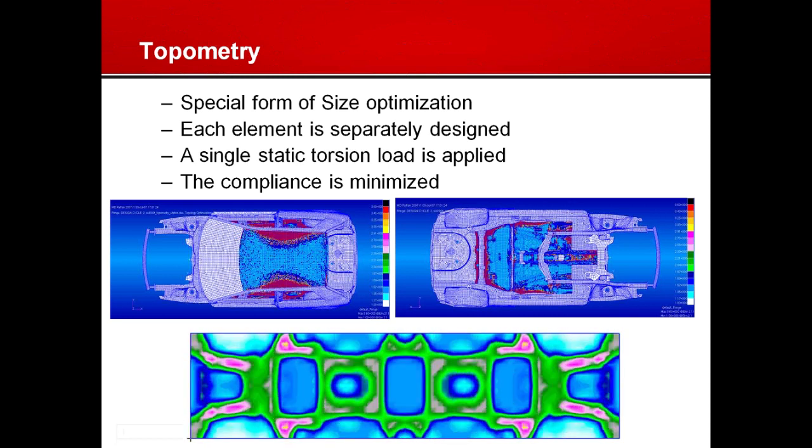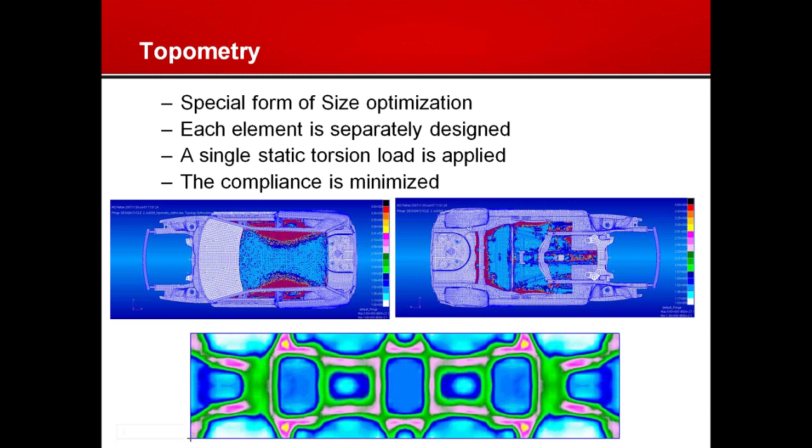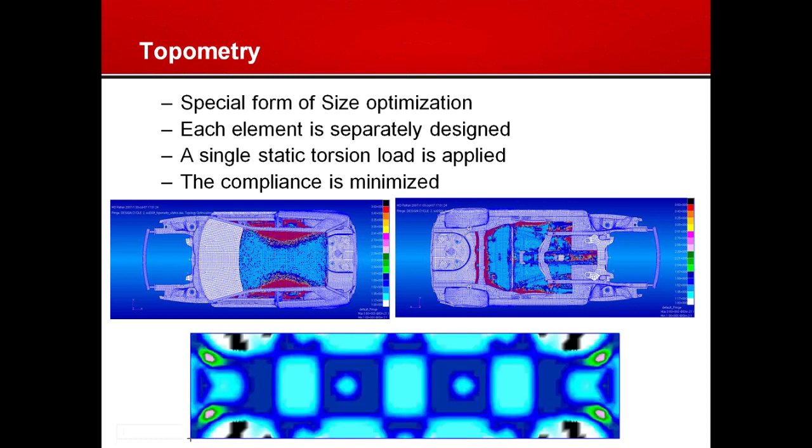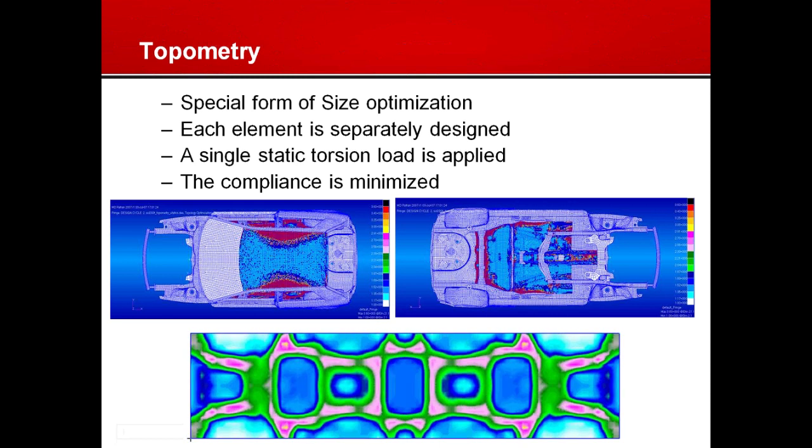You can see the whole car model was analyzed to give you a thickness distribution that would meet certain criteria. The contour below basically shows the thickness changes a component may go through in the design process.